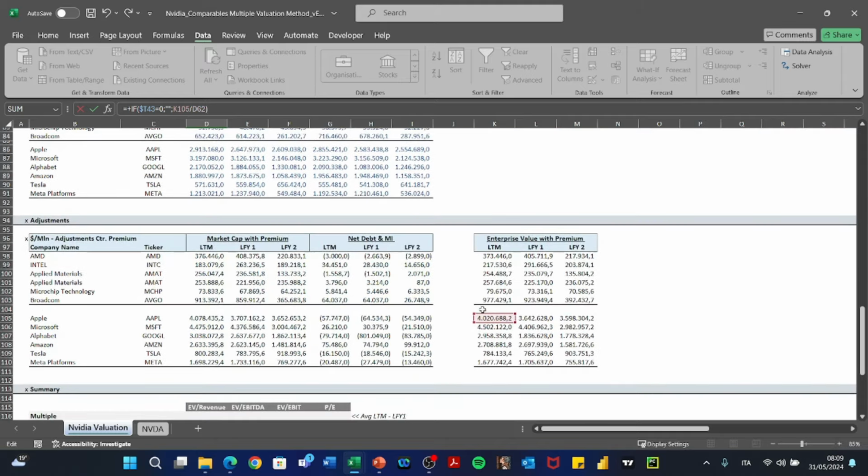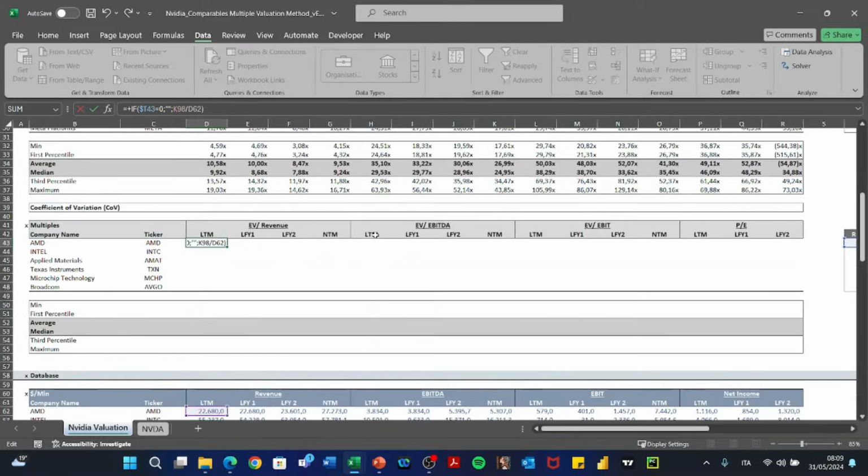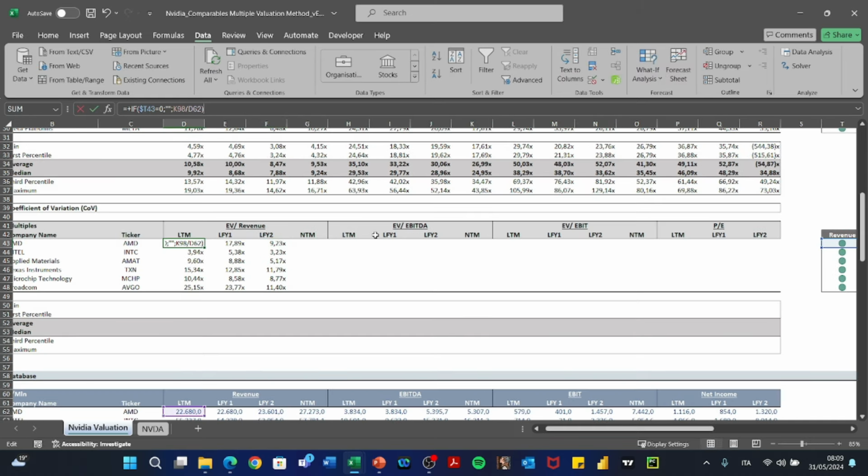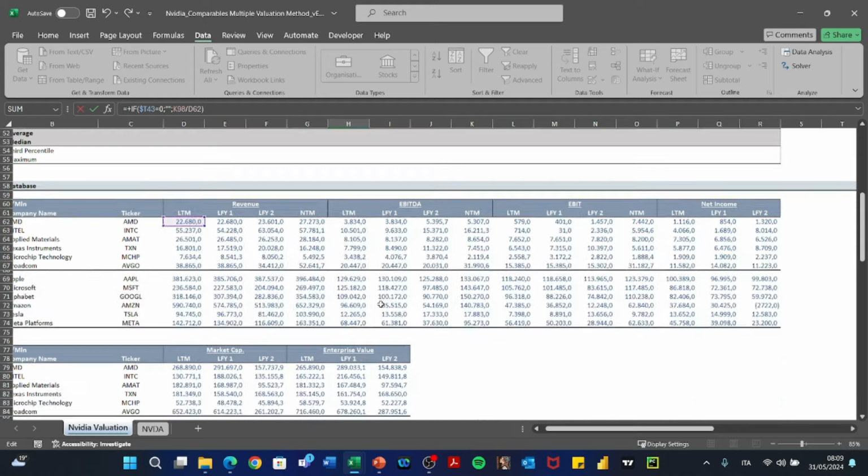Okay, AMD. Perfect. Save. Let's now do the same for our EBITDA and EBIT.